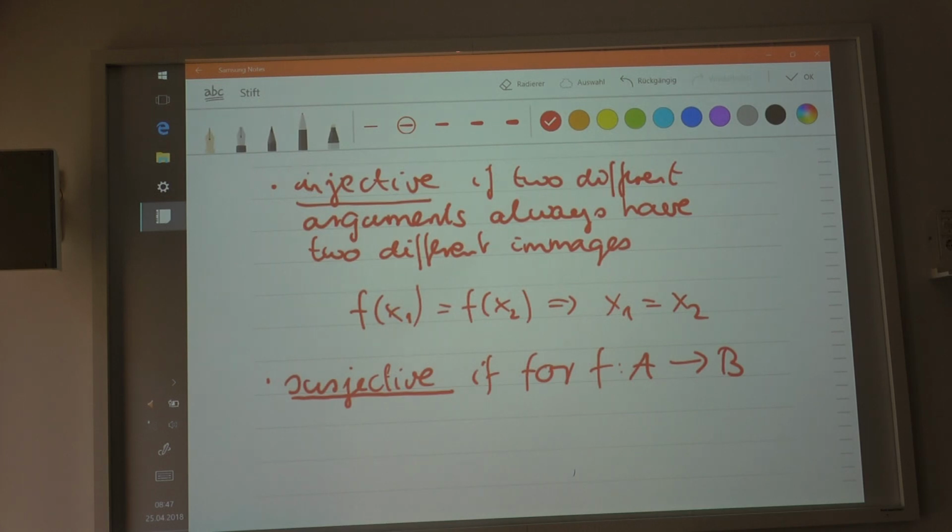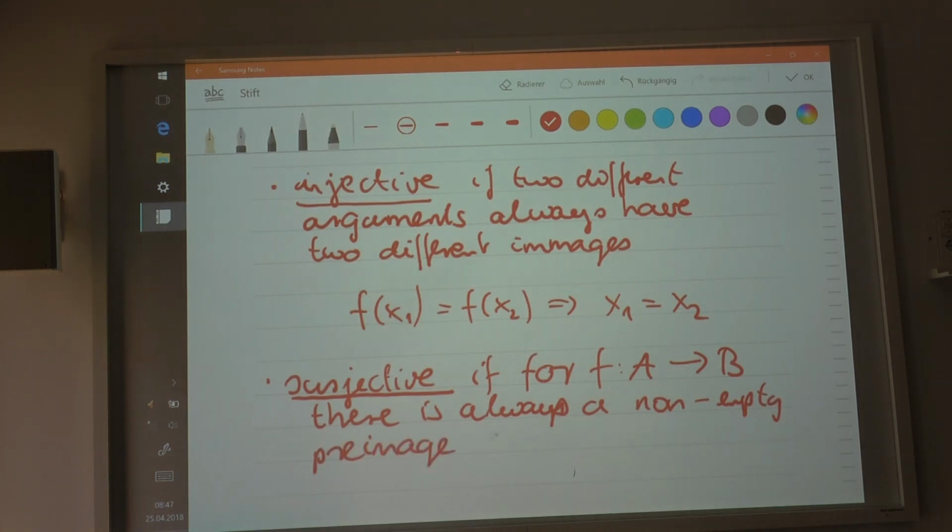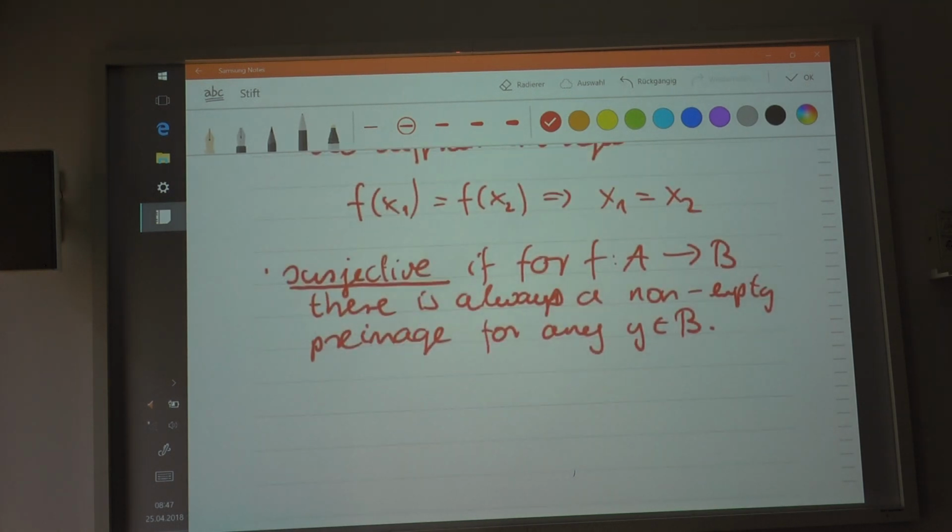There is always a non-empty pre-image for any element from B. So the image of any element from B is not empty.